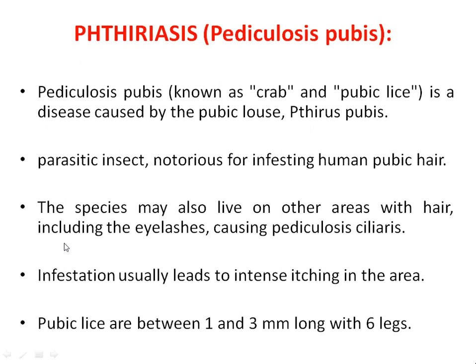There you can see the presence of the pubic hair, including the eyelashes, armpits, etcetera, and the body hair sometimes, causing pediculosis ciliaris. Whenever it infects the eyelashes, it causes a disease called pediculosis ciliaris.